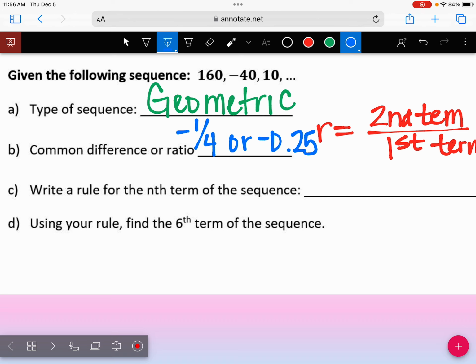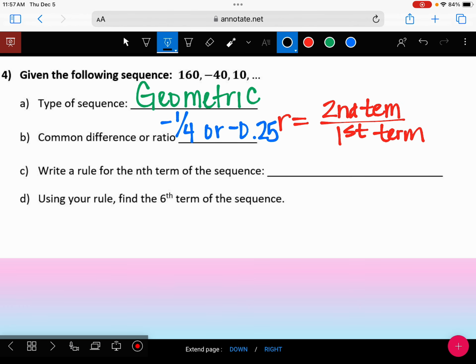So go ahead and write your rule. And when you write your rule, again, it doesn't matter what variable you start with, but I'm going to start with T sub n. And then you start off with the first term, which is 160. And then your common ratio is the base of your exponent. I'm going to put mine in parentheses, and I'm going to use the fraction. And then to the power of n minus 1.